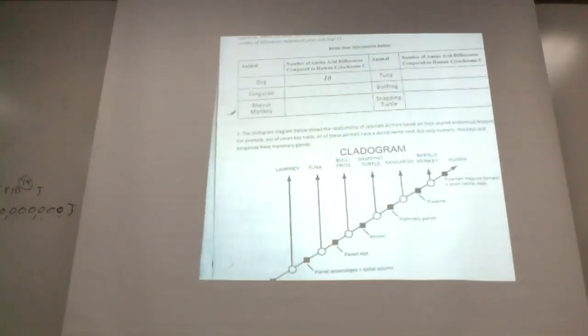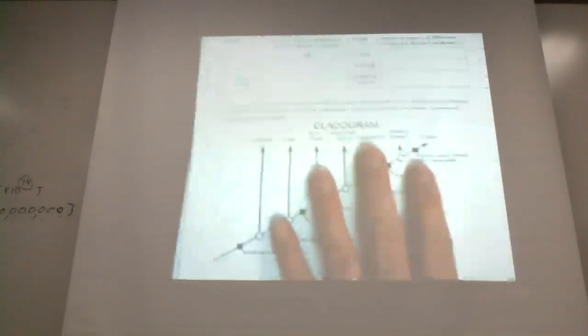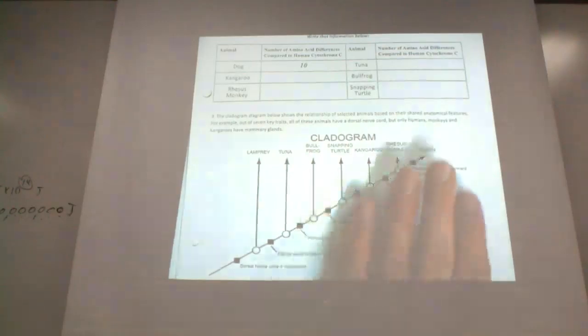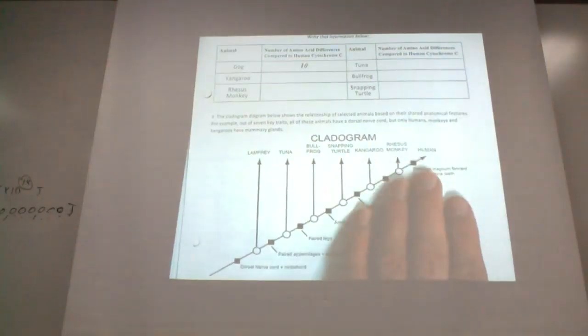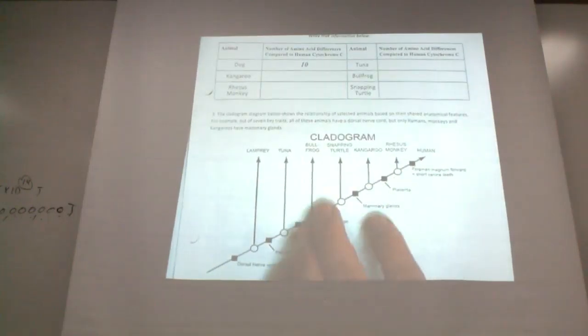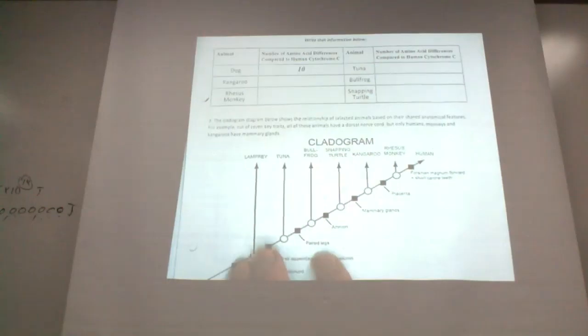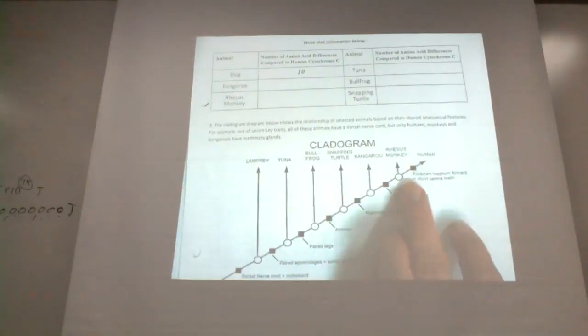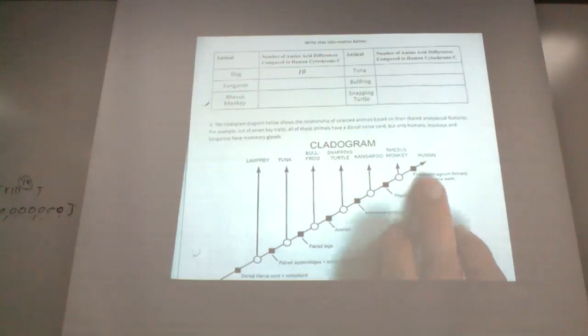And then we've got this diagram down here. This is a cladogram. A cladogram is the way an evolutionary biologist shows the relationships between organisms. So humans are here, and next we have rhesus monkeys and kangaroos and snapping turtles and bullfrogs, tuna, and lamprey. What this is showing is how closely related these organisms are.